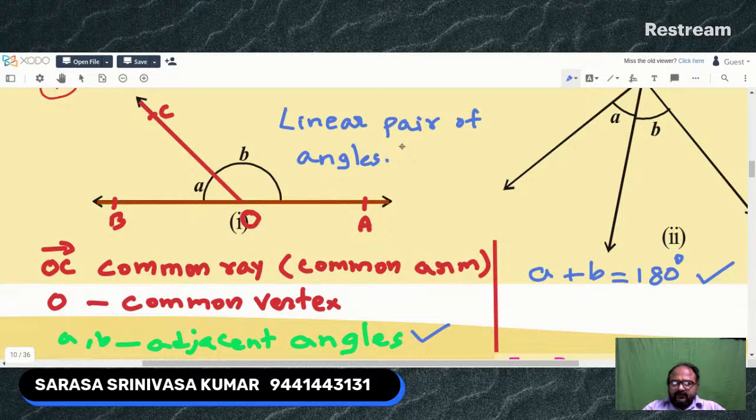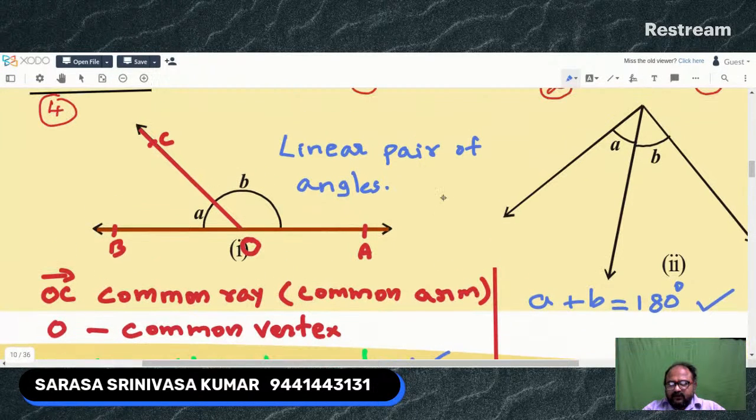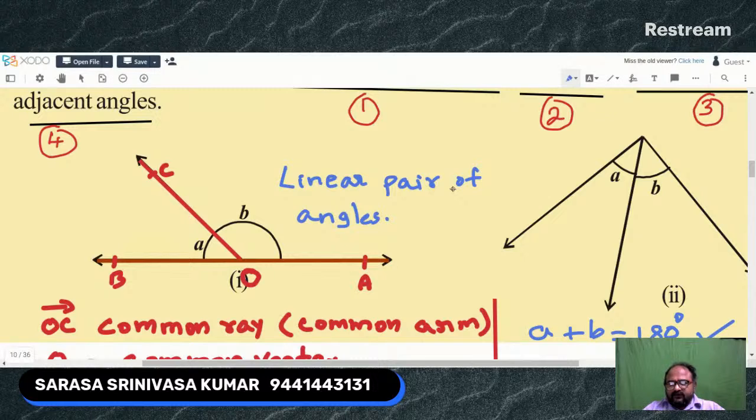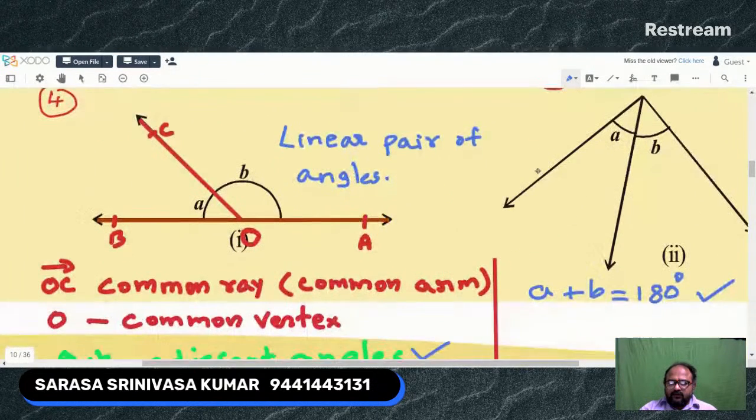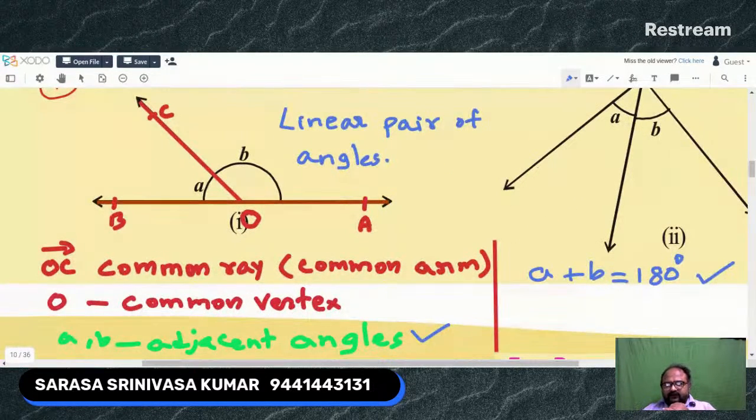So now you categorize these angles. This is a linear pair of angles and also adjacent angles. So from the first diagram, we have two types of angles. The first one is adjacent angles.